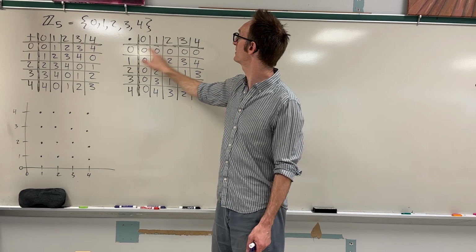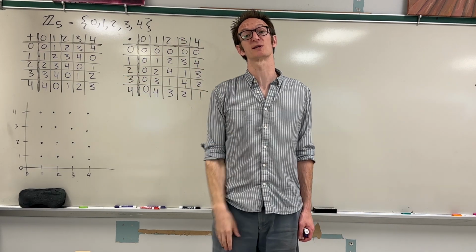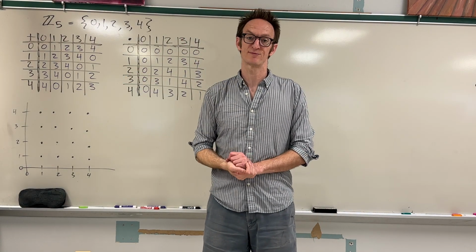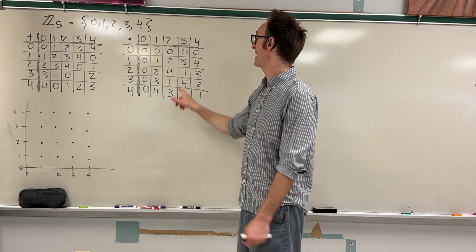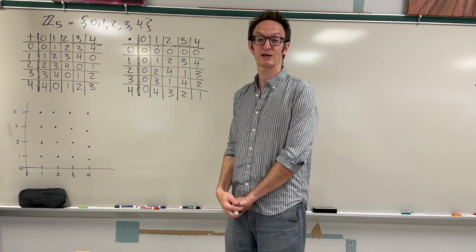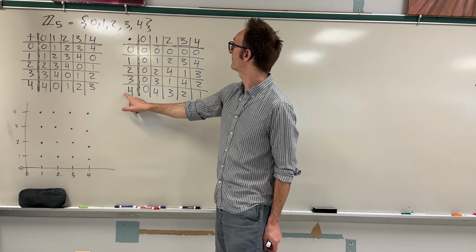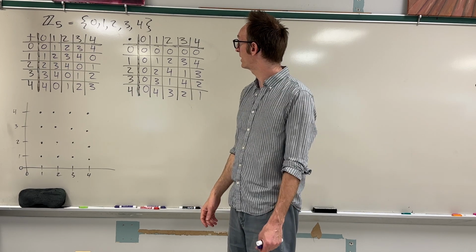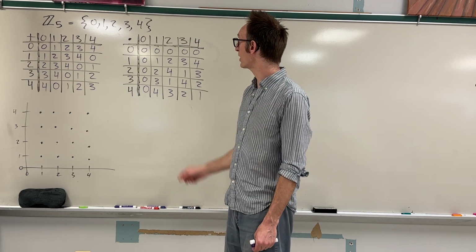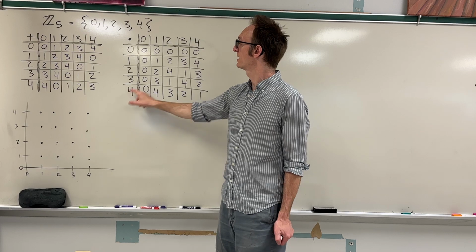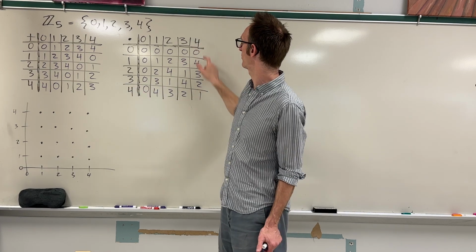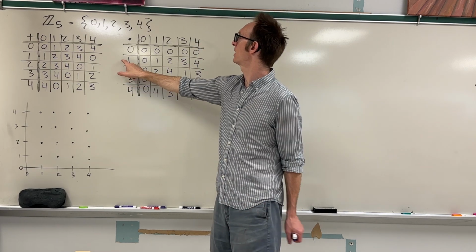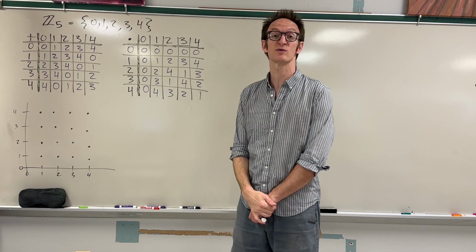So 2 and 3, we say, are multiplicative inverses of each other because of the two numbers that you have to multiply each other by to get back to 1, the multiplicative identity. Similarly, 4 is its own inverse, because 4 is the number you have to multiply 4 by to get 1, and 1 is its own inverse, and 0 doesn't have an inverse.